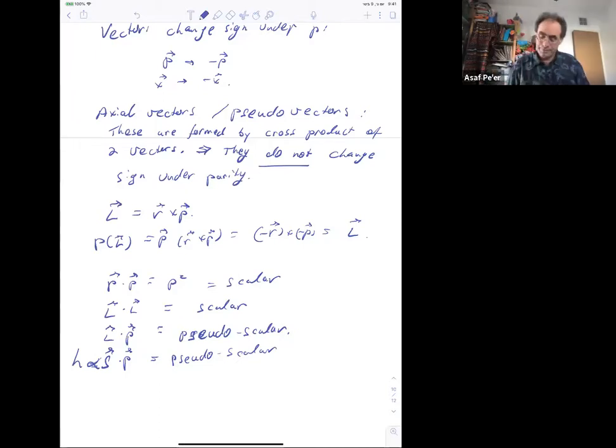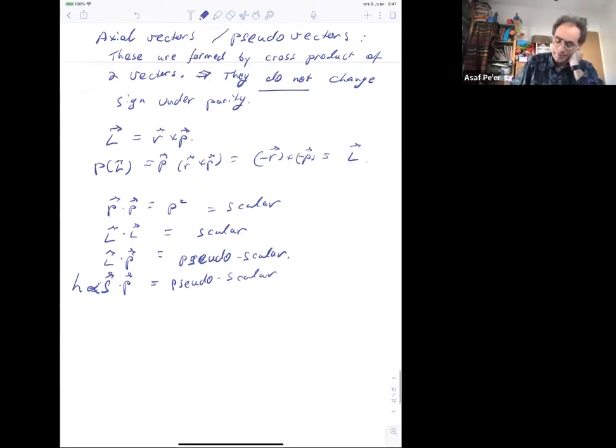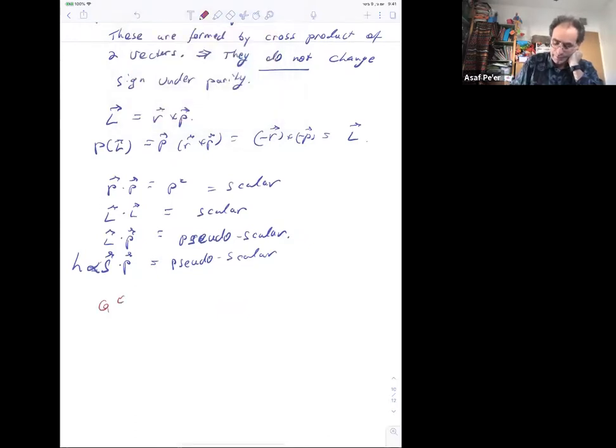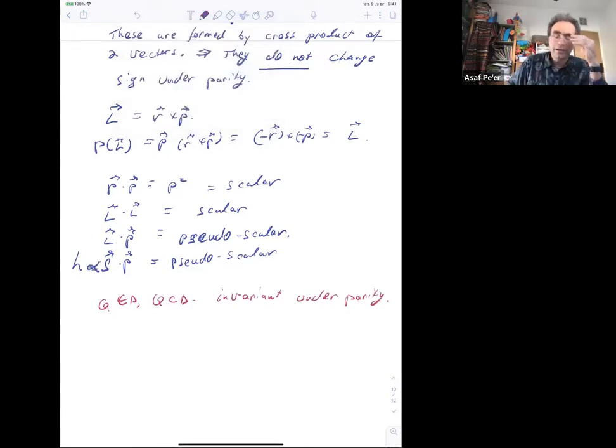Now, both QED and QCD are invariant under parity. That's the important thing, right? For many years, it was thought that parity is a basic fundamental symmetry of nature.